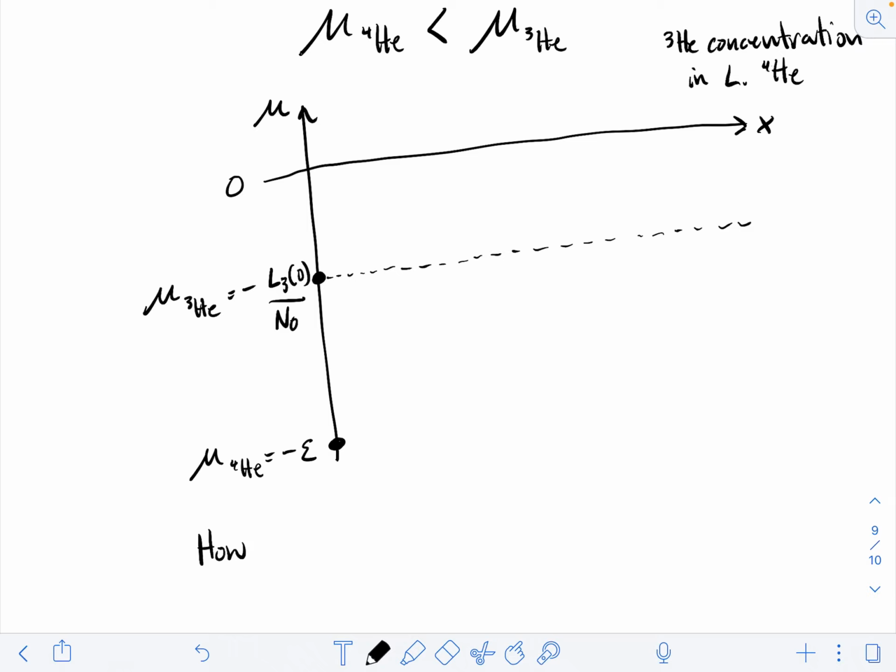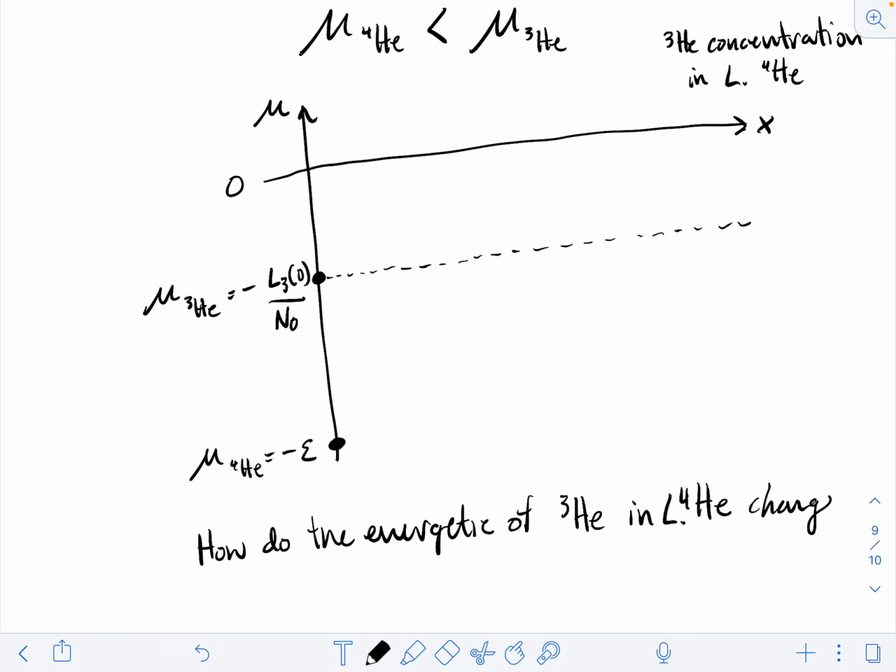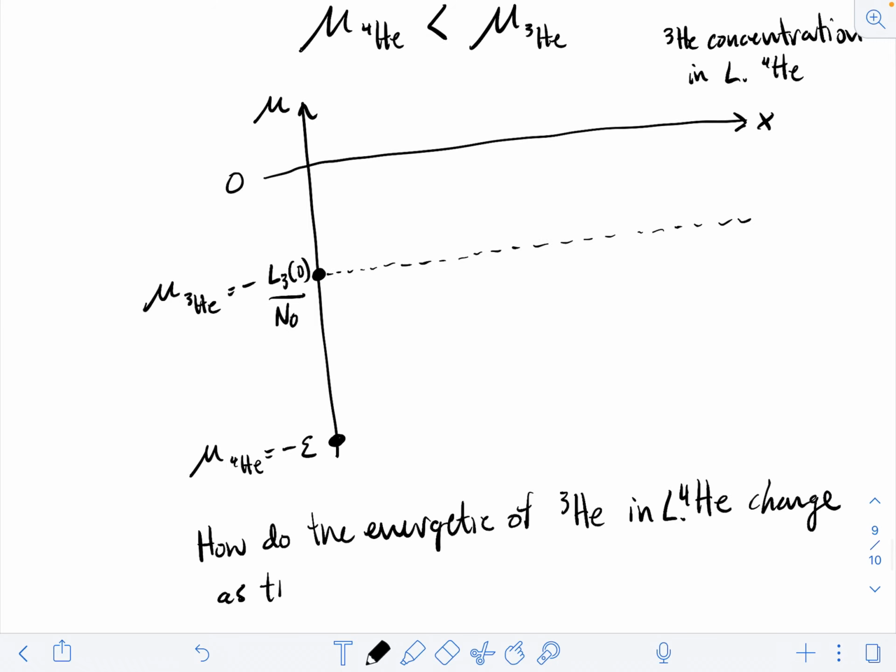So how do the energetics of helium-3 in liquid helium-4 change as the concentration X increases?